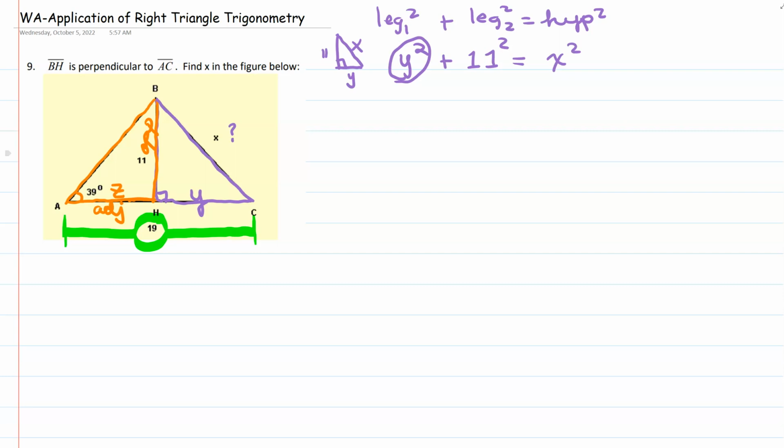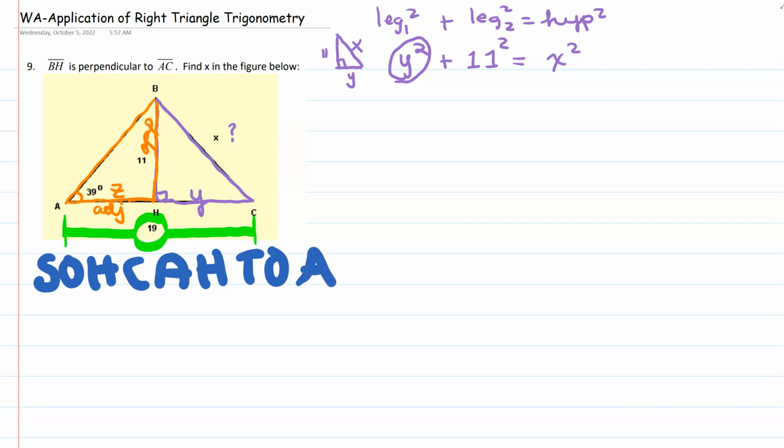So what do we know in trigonometry? We know SOHCAHTOA. Sine is opposite over hypotenuse. Cosine is adjacent over hypotenuse. And tangent is opposite over adjacent.